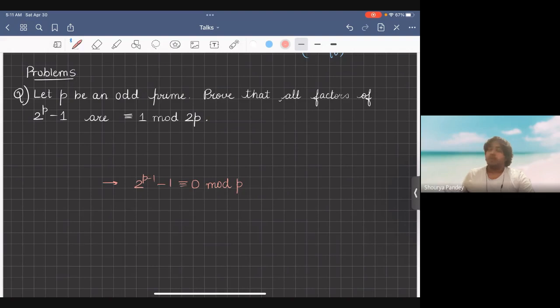But that's not true. That would mean that 2 to the p minus 1 is a power of p or something. I mean, 2 to the 7 minus 1 is 63, right? And 3 divides it, but 7 doesn't divide 3, right?